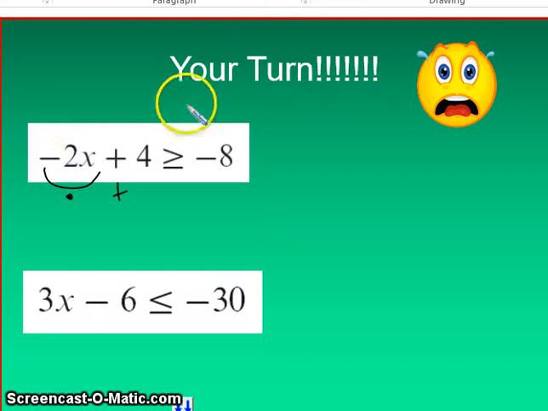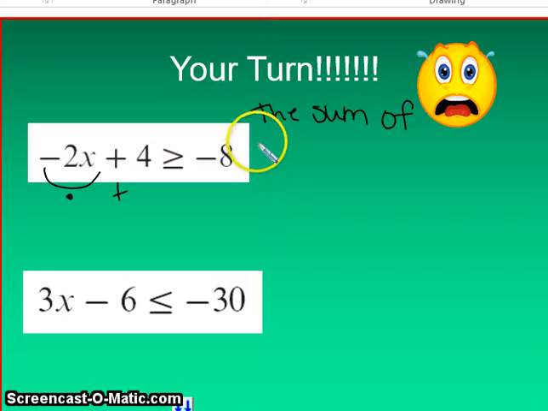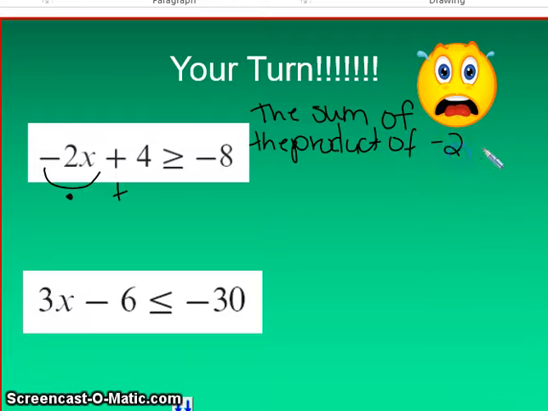So here I might say the sum of the product of negative 2 and a number, or negative 2 and x, and 4.